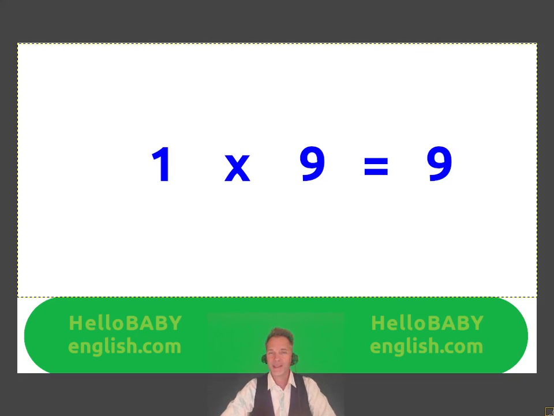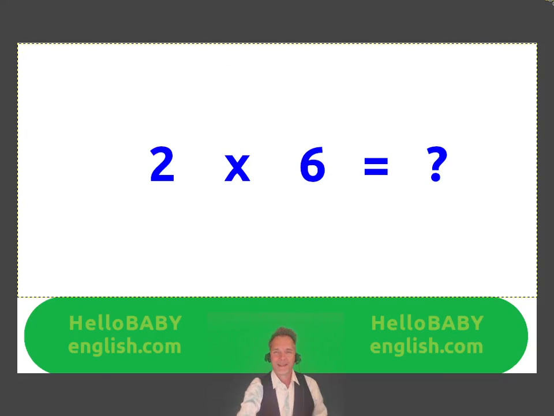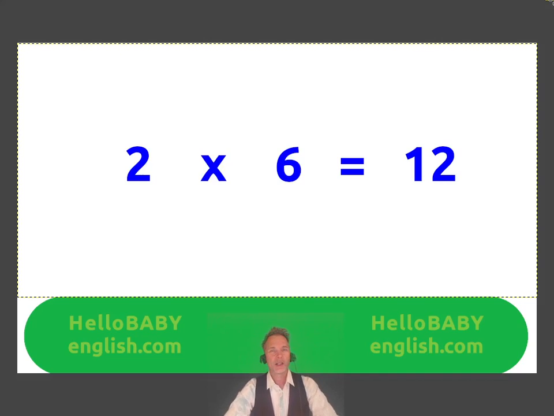One times 9 equals 9. Two times 6 equals 12.